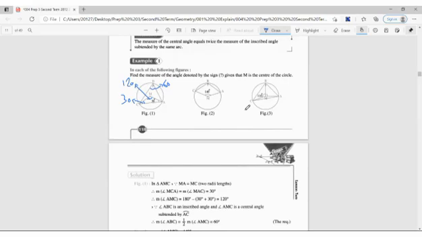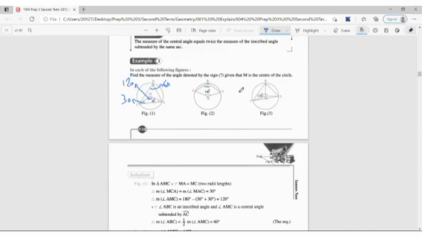In figure 2, I have a central angle AMC, which is 140, and he wants me to find the measure of the inscribed angle ABC. Before I say the inscribed angle is half the measure of the central angle, I have to find the arc subtended by the two angles.